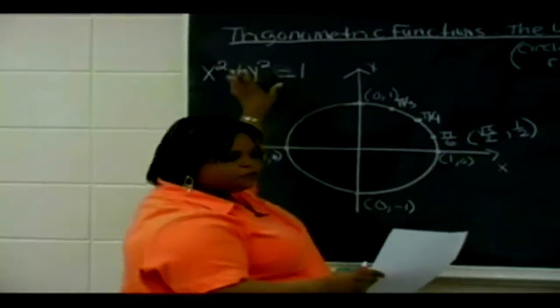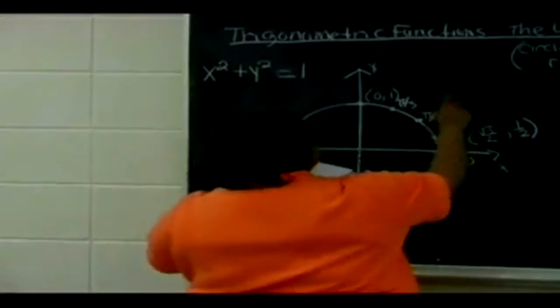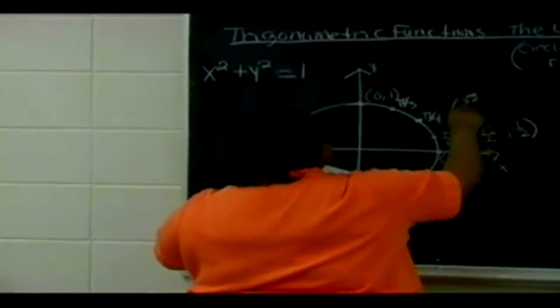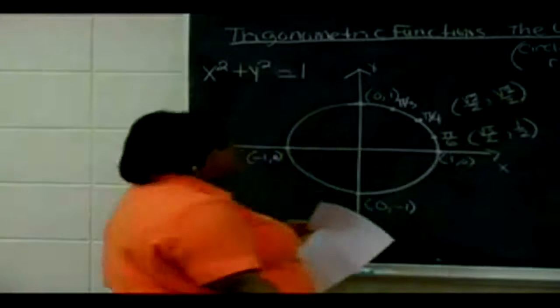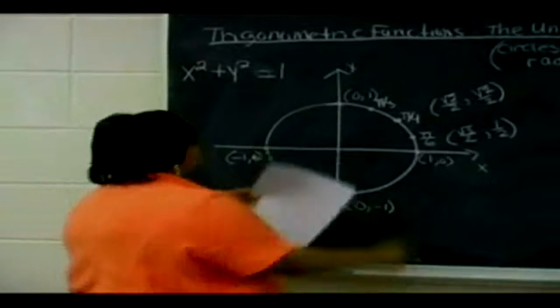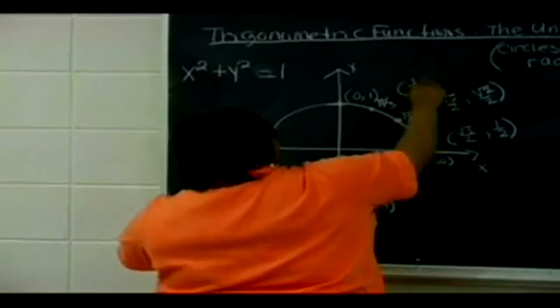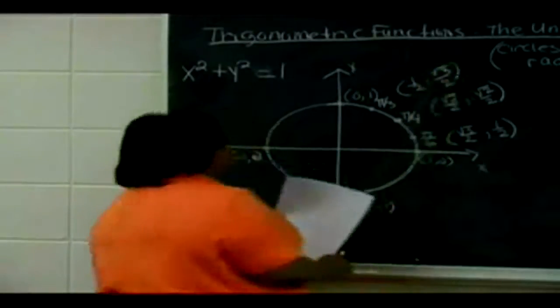That should be 1 if we square x and square y. This pi over 4 is associated with the square root of 2 over 2, comma, square root of 2 over 2. Pi over 3 is associated with 1/2, square root of 3 over 2.